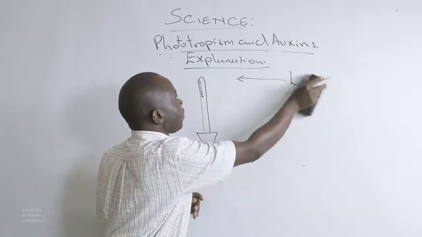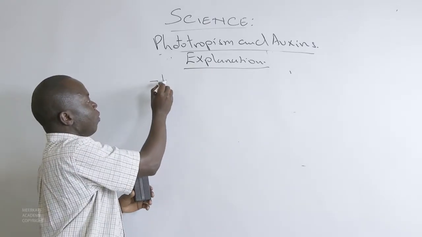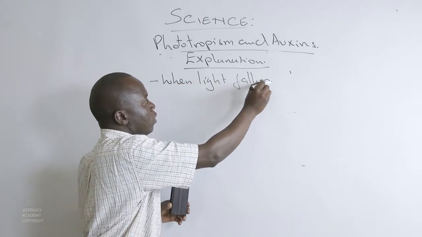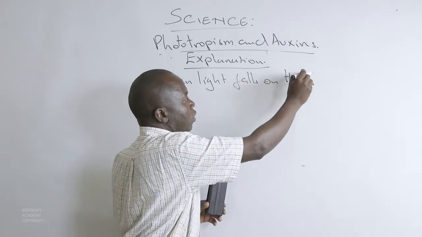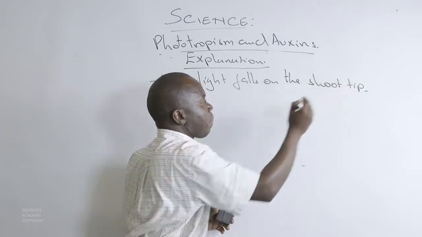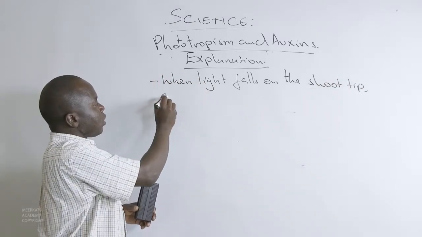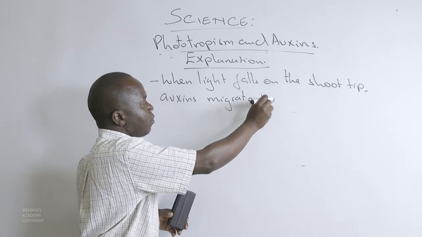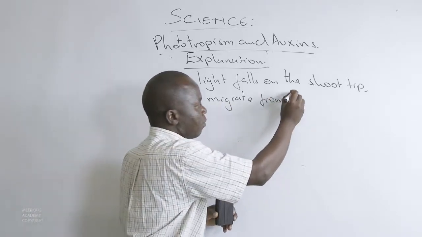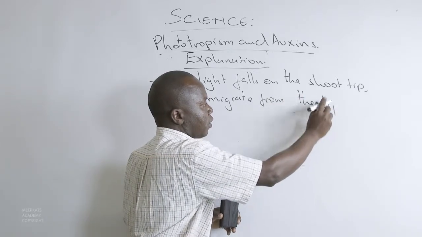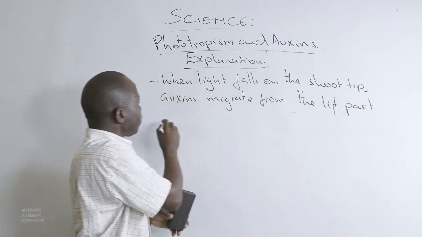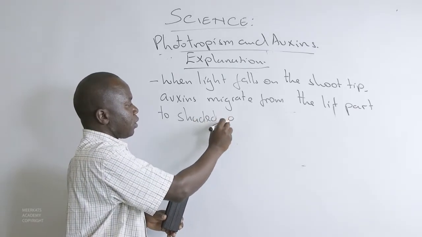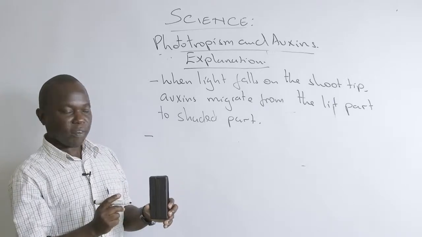So we can explain that using statements. When light falls on the shoot tip, auxins migrate from the lit part to the shade or shaded part. We already know the effect.